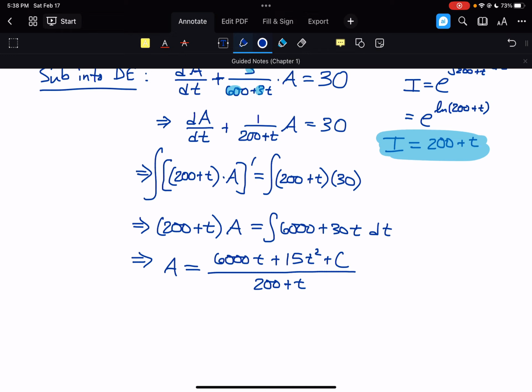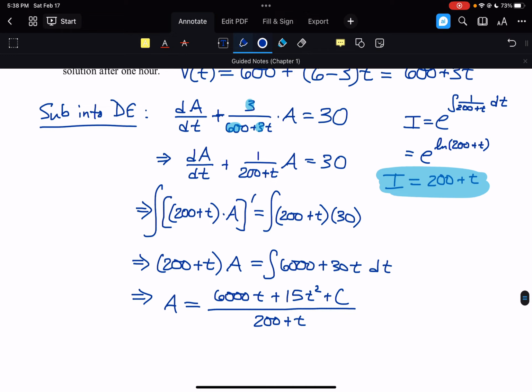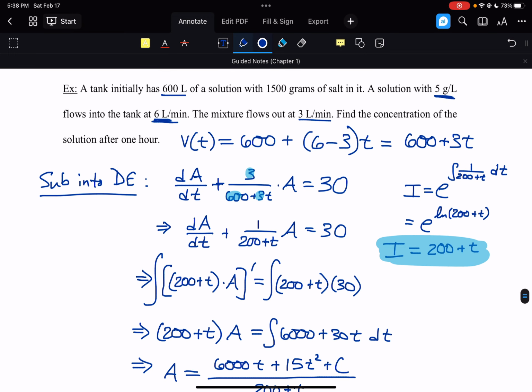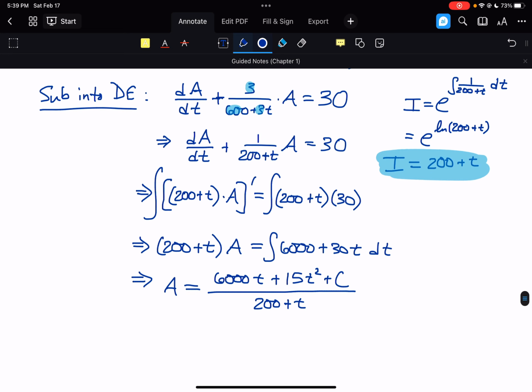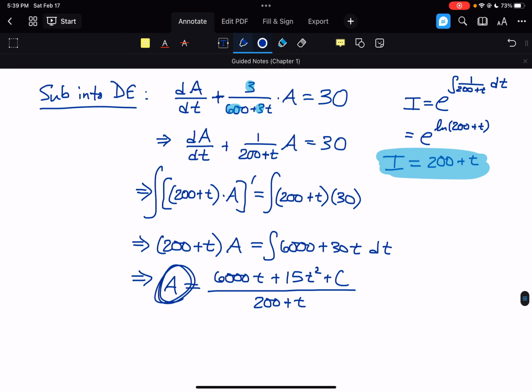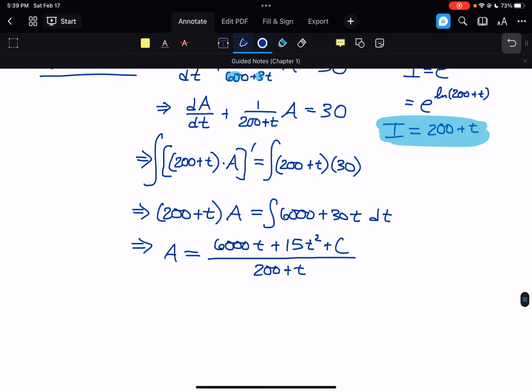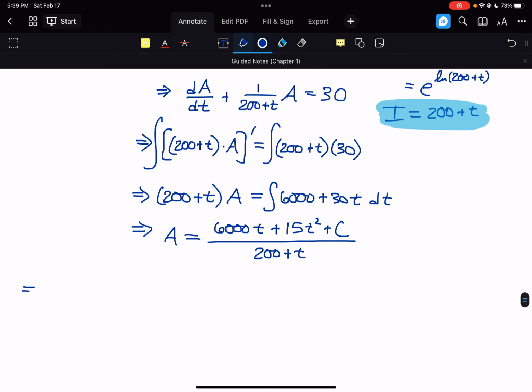So we need to use some initial conditions, or initial values. We know that the tank initially has 600 liters of a solution with 1,500 grams of salt. So 1,500 grams of salt is the initial amount. That's A that we're looking at here. So we need to substitute that in.